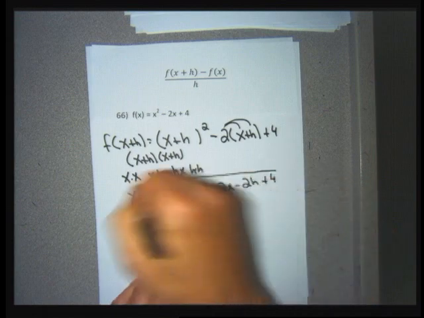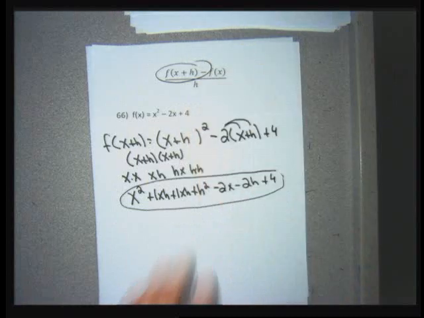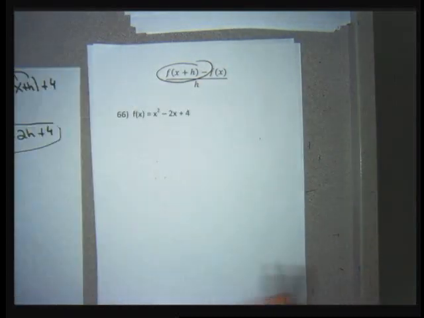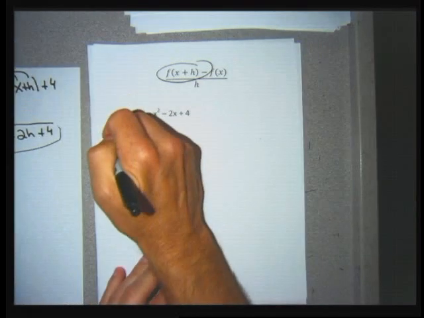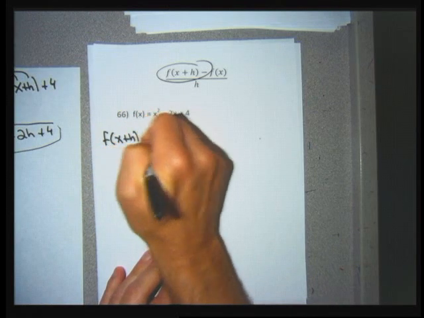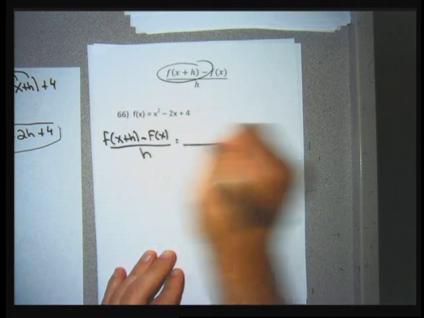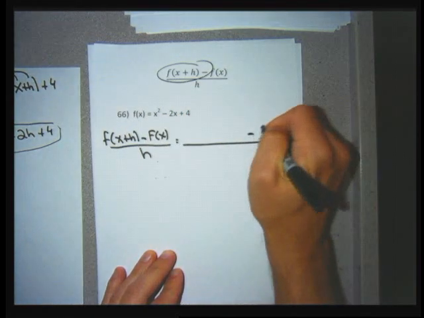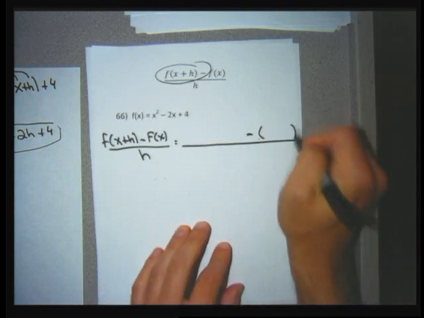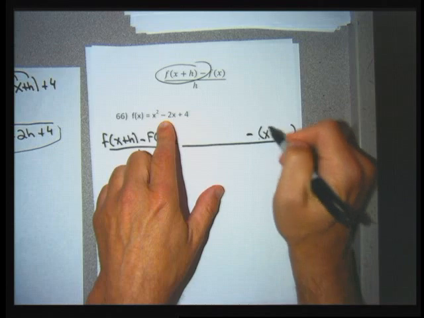So this whole line right here, I'm going to change with that f of x plus h. I'm not going to put it in a parentheses this time because it's really not necessary. So to do f of x plus h minus f of x over h, after the minus sign, I get a parentheses and x squared minus 2x plus 4.